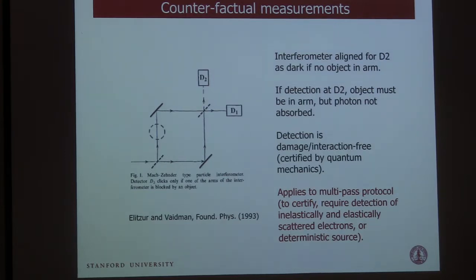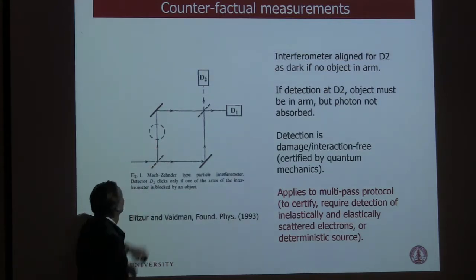So you want to detect that bomb without ever triggering the bomb. Well, they noted that using counterfactual arguments, by building an interferometer that was initially aligned, so that if there's no bomb in that path, every time you send an input photon, this detector goes click, that's the initial condition. Now you say, okay, I'm going to put a bomb right there.